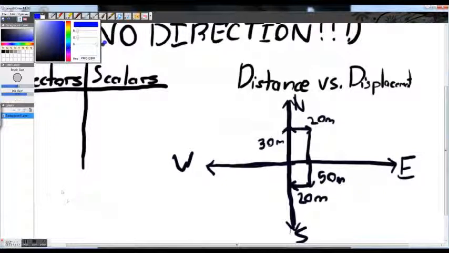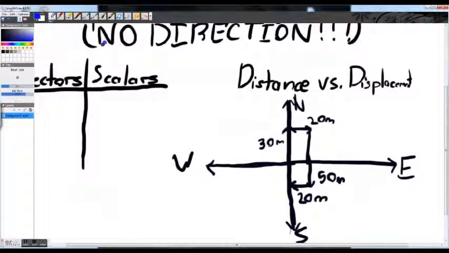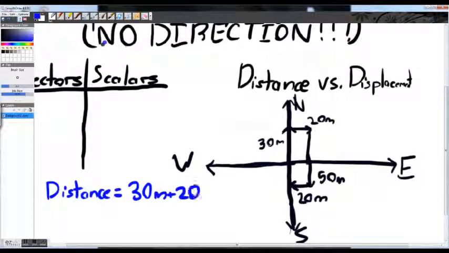So, the distance it traveled will be that 30 meters north plus the 20 meters east plus the 50 meters south plus the 20 meters west. So we add them. 30 plus 20 is 50. 50 plus 50 is 100. 100 plus 20 is 120 meters. The total distance the object traveled will be 120 meters.